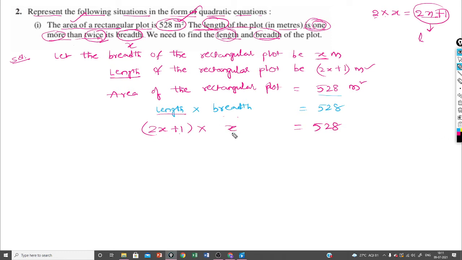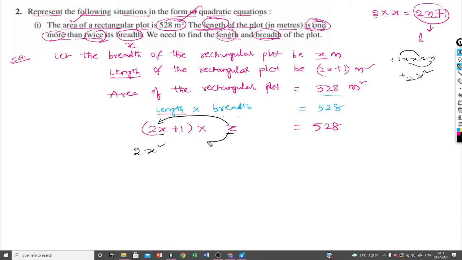A binomial is multiplied with a monomial, so the monomial is to be multiplied with each and every term of the binomial. So x into 2x will be 2x square. Positive into positive will be positive, x into x will be x square, so you will get 2x square.